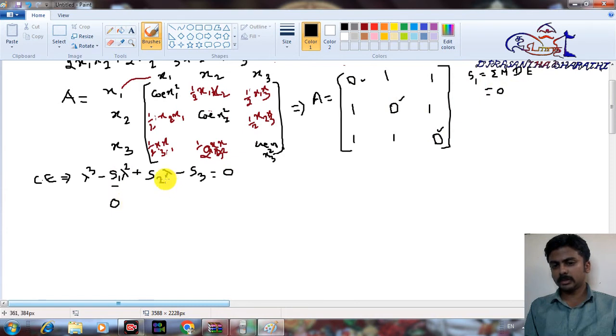Then s2 is the sum of the minors of the main diagonal elements.